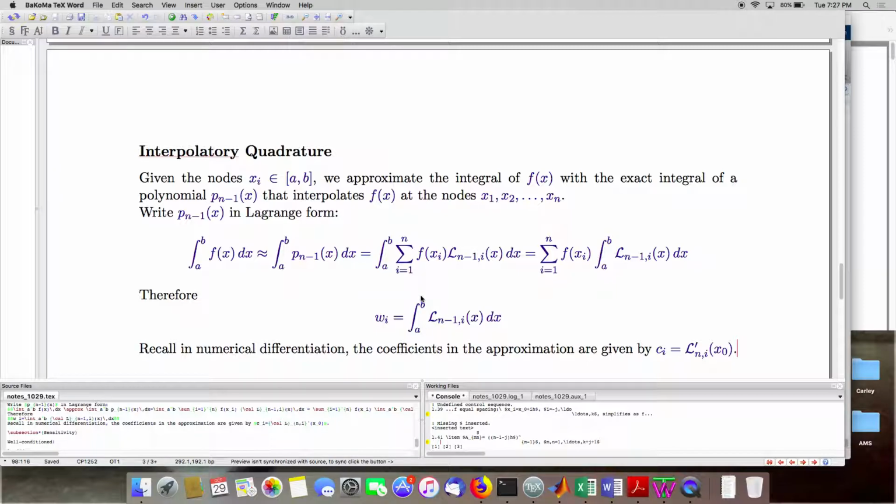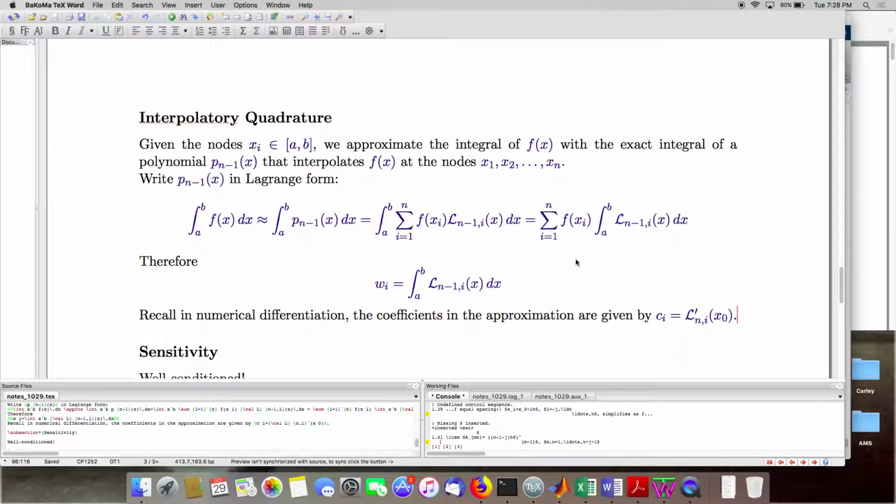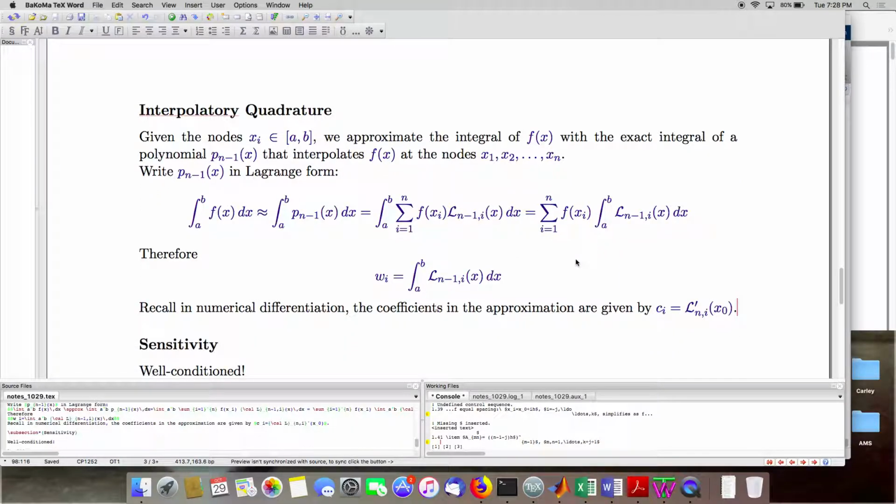So in other words, whatever problem we're trying to solve, whatever derivative, whatever integral, we carry that out on the Lagrange polynomials. And that gives us the coefficients that we multiply the f values by in both cases. So that's true in any case: we approximate something done to f by the exact problem solved on the Lagrange interpolant.